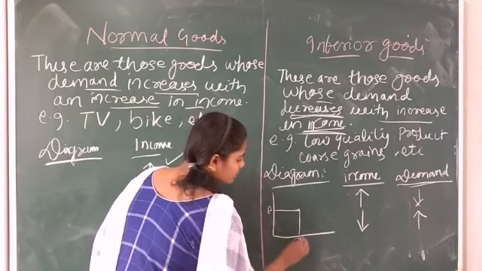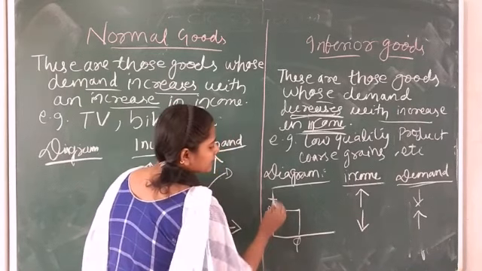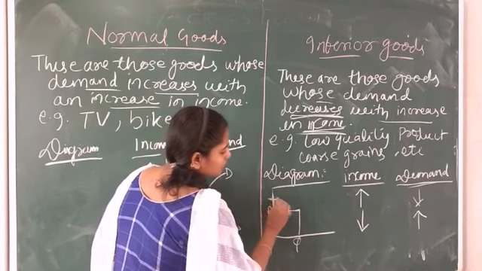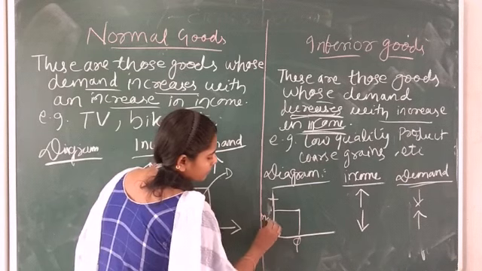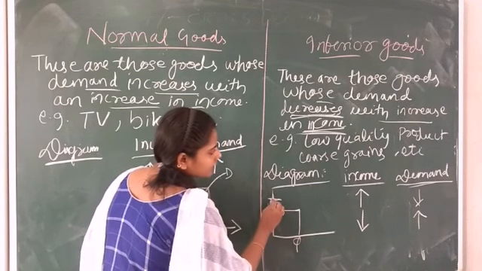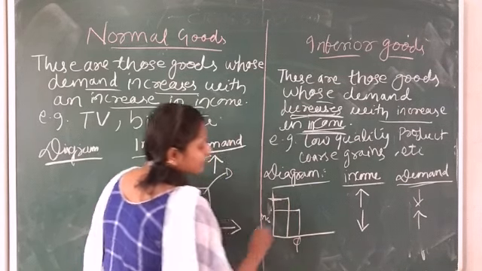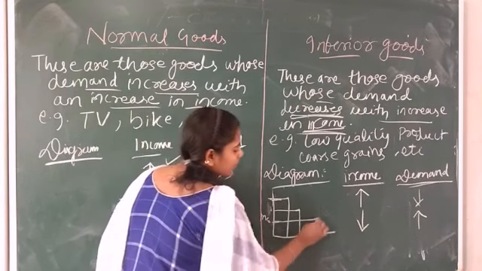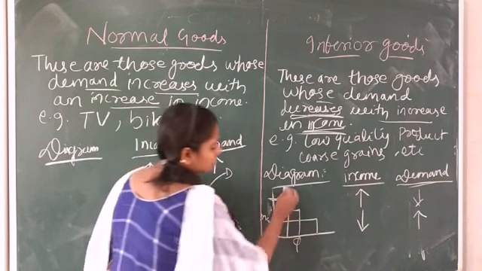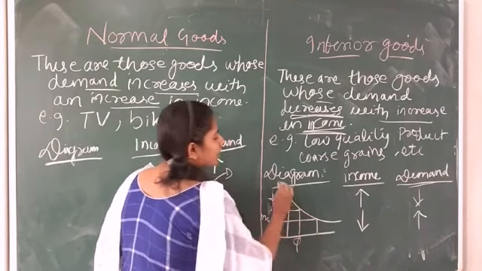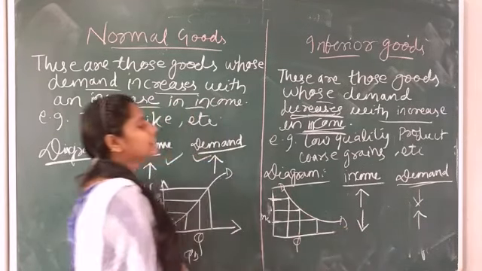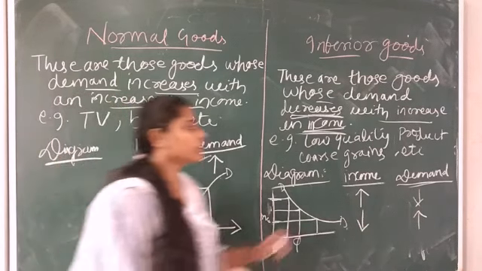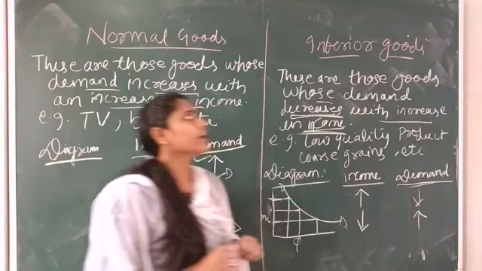This is P and this is Q. This is your income. If your income increases, then the demand will decrease, and if your income decreases, the demand for the inferior product will increase. So the demand curve will be a downward movement, or we can say that there is a negative relationship between income and the demand of inferior goods.